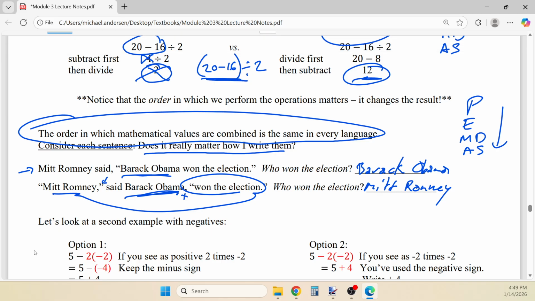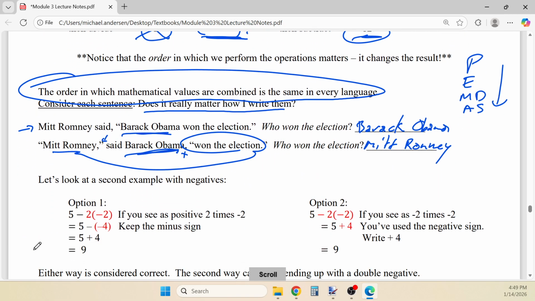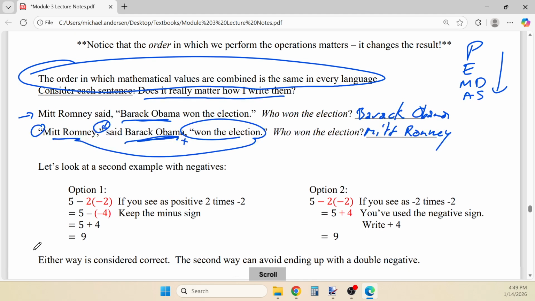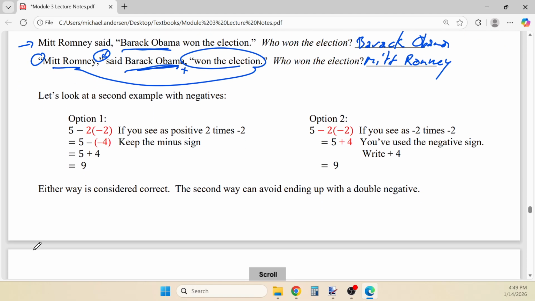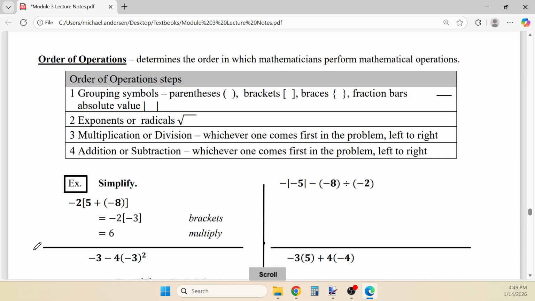So, the way that you write things, the parentheses and the exponents and all of that, is kind of like these grammatical symbols, that placing them in different places changes the meaning. We have to be careful. That's why we all have to agree on what the symbols mean.